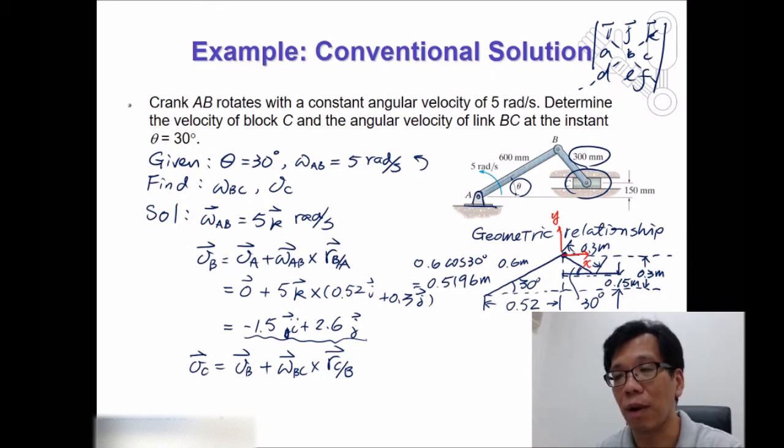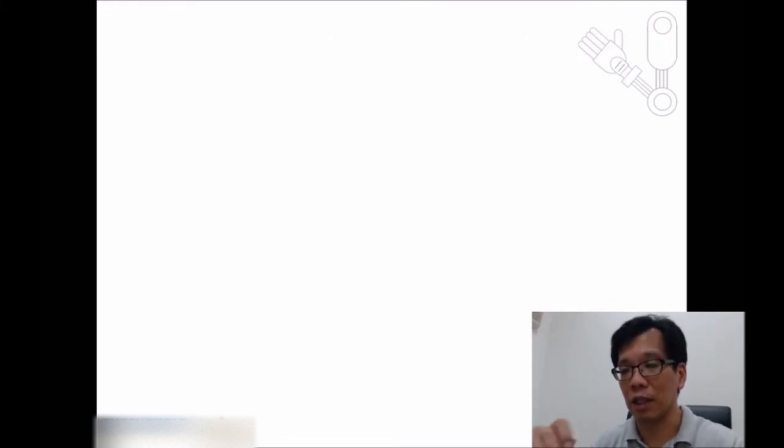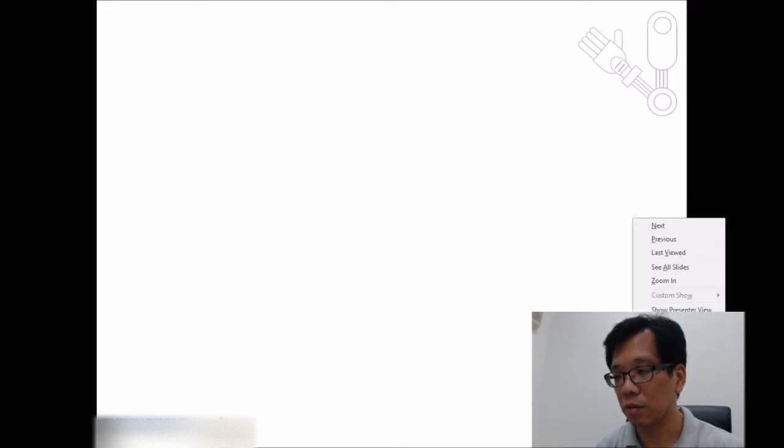This one is just come up with the angular velocity based on the regular xy components. So if I attach xy over here, then RC over B must be positive 0.26, and the x is going to be negative 0.15. So we're going to use this piece of information to come up with our calculation. Let's move on to the next page. Let me change my color back.